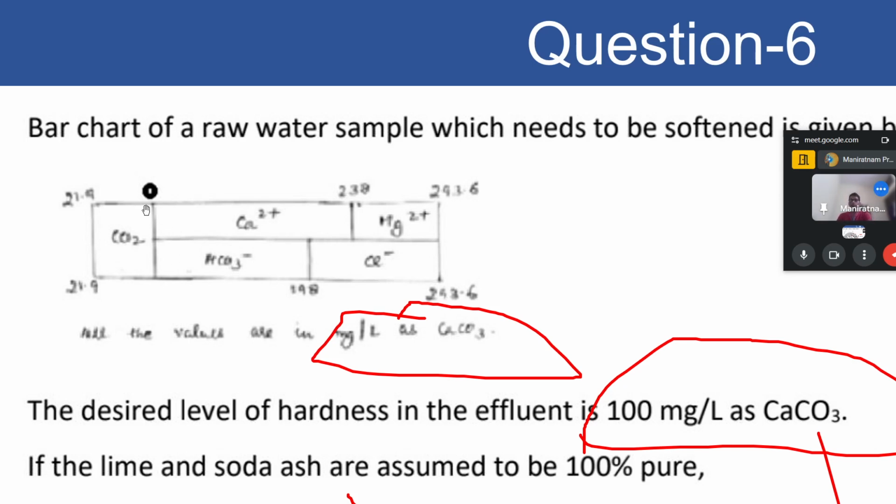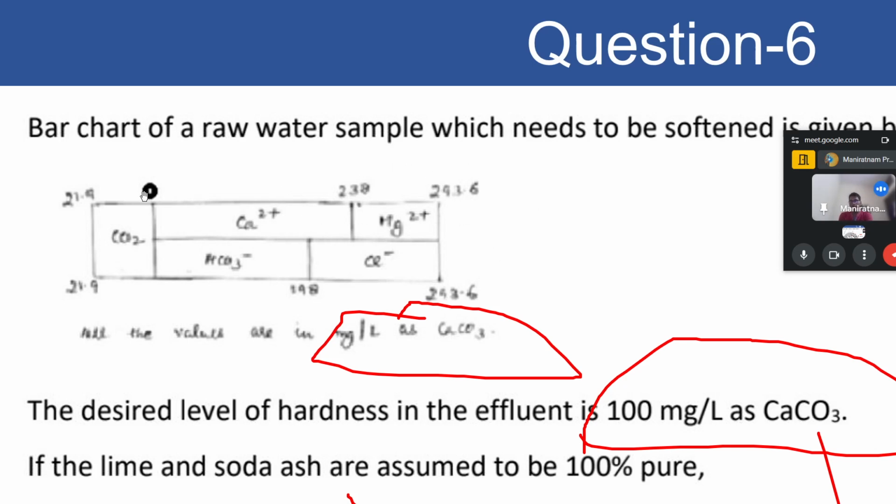Hardness due to CO2 gas, that is carbonic acid, is 21.9 milligram per liter as CaCO3. Due to calcium it is 238, and due to calcium and magnesium it is 293.